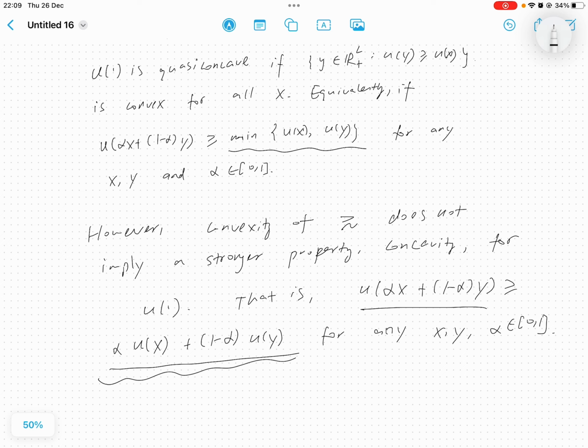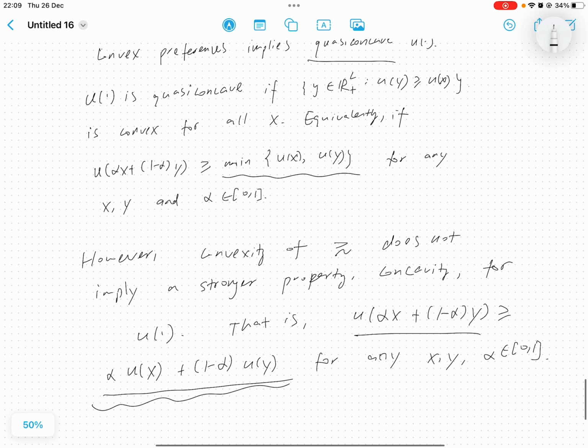Good. So this will be everything before we introduce the utility maximization problem in section 3.d.